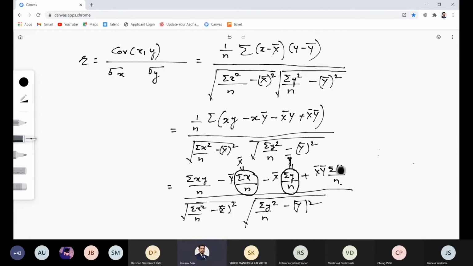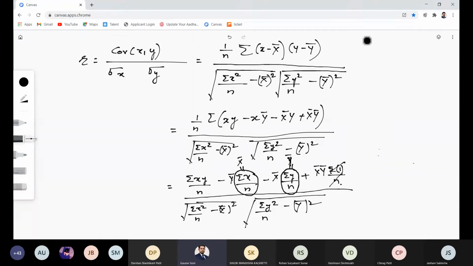And what is this? Summation 1. This will actually be equal to n because for every entry you are adding 1. So this n will get cancelled out. So finally, this will be minus 2 x bar y bar plus x bar y bar.